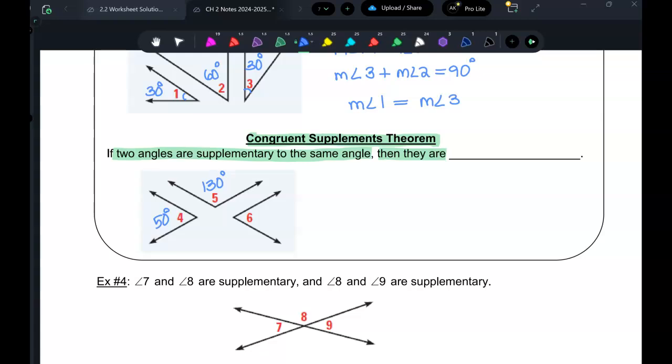Now, what if I covered up angle 4? What would angle 6 have to be if 5 and 6 are supplementary? So what ends up happening no matter what numbers we choose, these are always congruent.